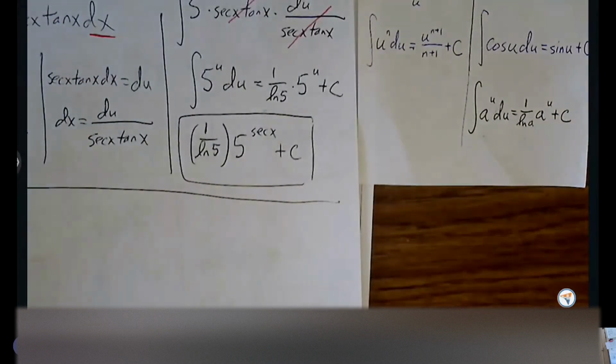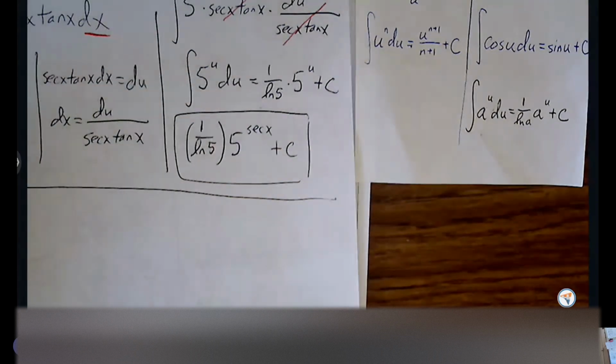Okay, I want to squeeze in one more problem. This is number 13, but I changed it a little bit.